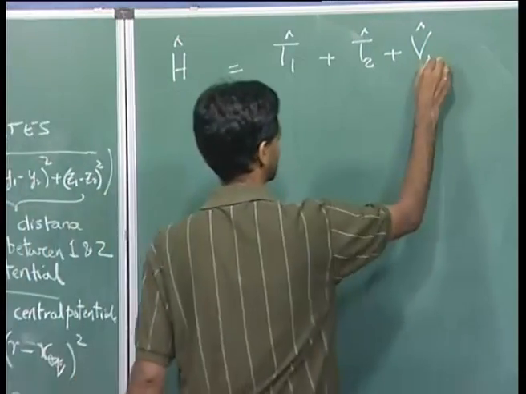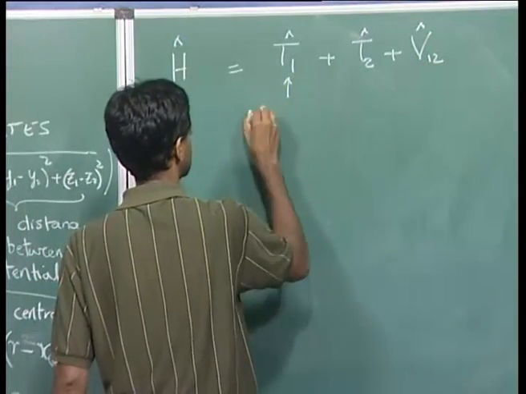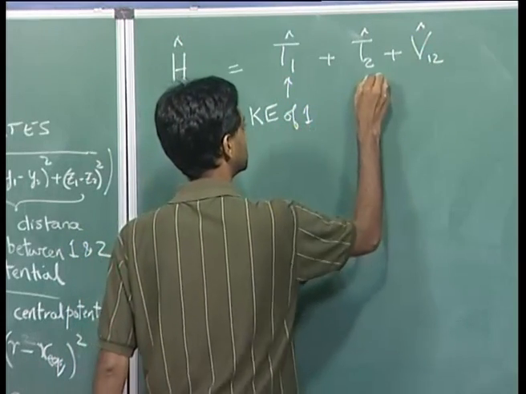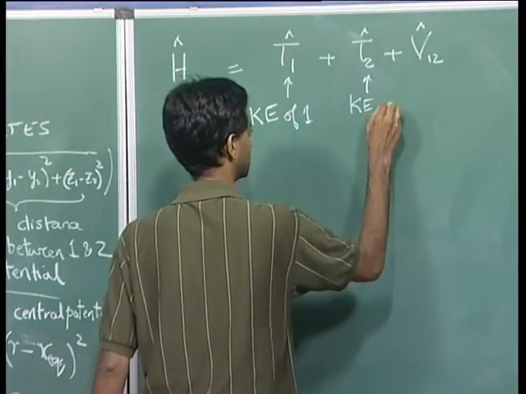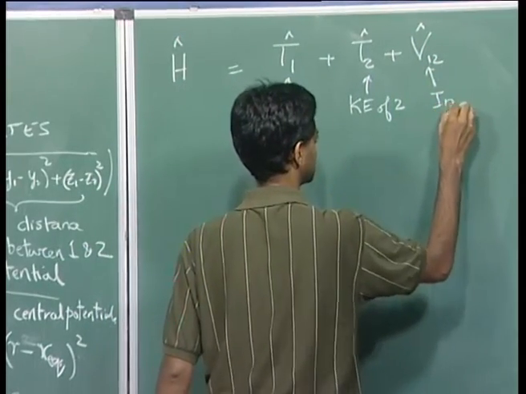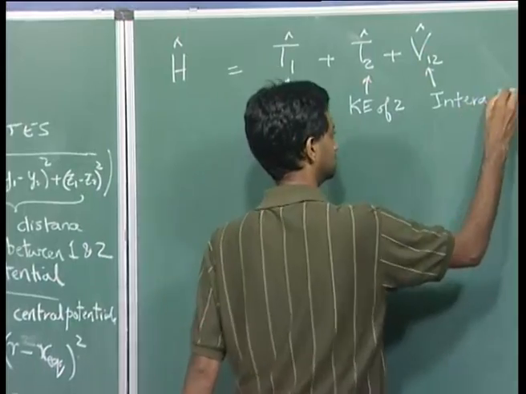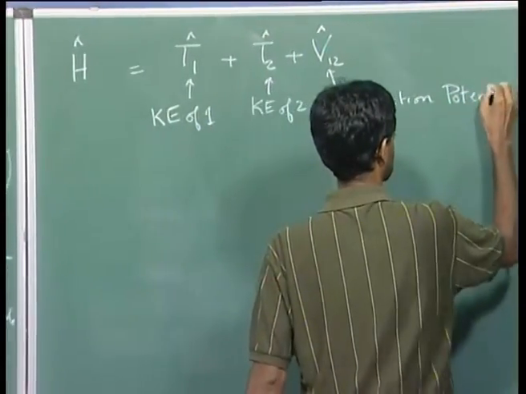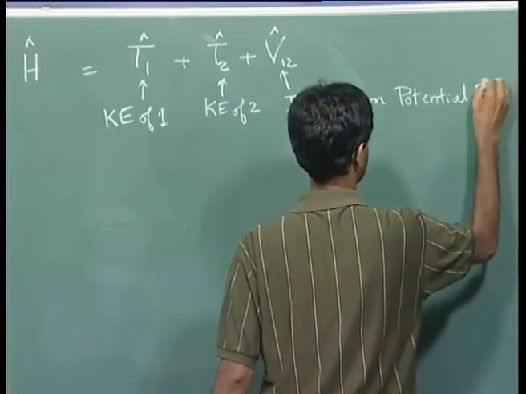I will write this as V12. This is the kinetic energy of 1, kinetic energy of 2, and this is the interaction potential energy.